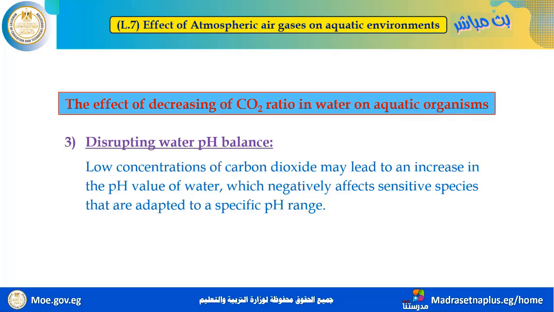Low concentration of carbon dioxide may lead to an increase in the pH value of the water, which negatively affects sensitive species adapted to a specific pH range. So the decrease in carbon dioxide gas also affects what? Yes, the pH balance.